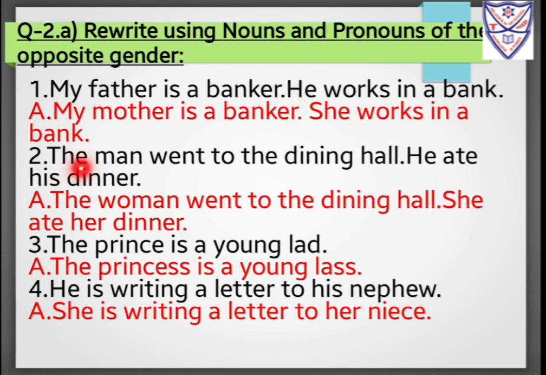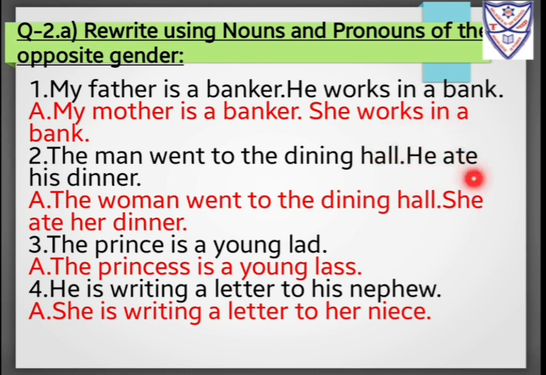Number 2, the man went to the dining hall. He ate his dinner. Now again in this sentence, man is in masculine gender form, so we will use the opposite form. It will be woman. It is in feminine gender. Now next, he. Over here, he is a pronoun in masculine gender form, so we will write its opposite.